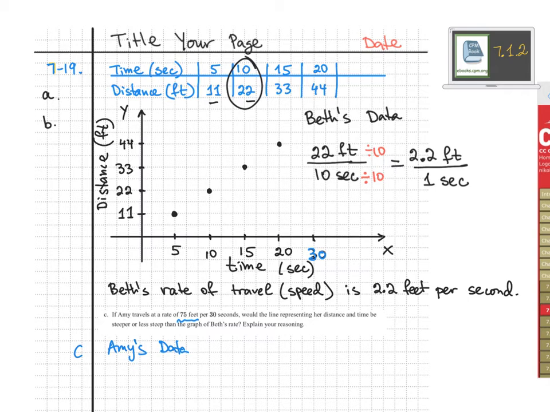She is moving 75 feet, and it's compared with 30 seconds. I want to get to 1 second so that I can compare it. Remember, we need to have the same units, which we do, seconds and seconds, but we also need the same numbers. Another idea, some of you might say, if we multiply this by 3, we can compare it right away with the 30 seconds.